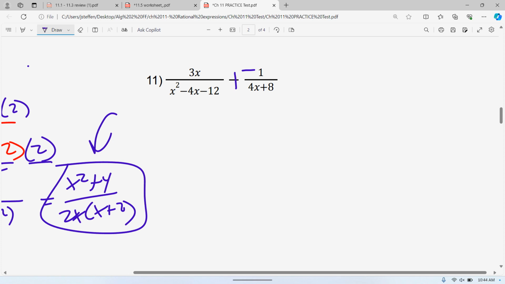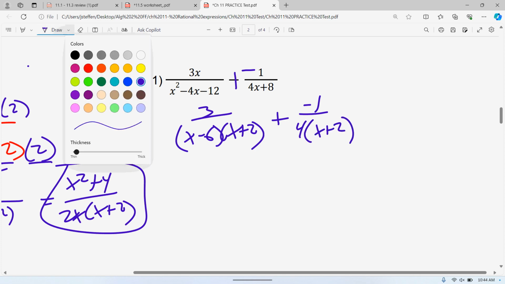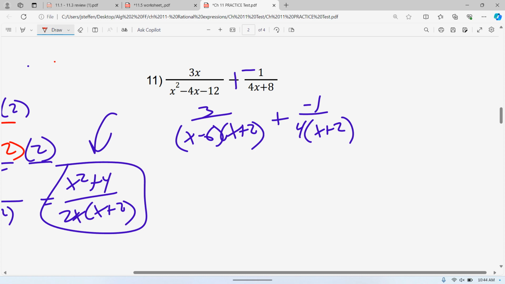3 over, that's 4, so x plus 2, I believe, plus 4 times x minus 2. So this 4, this one needs this, so we multiply top and bottom by 4.